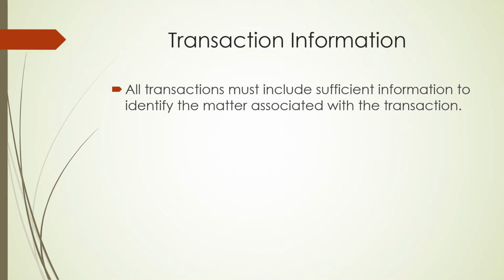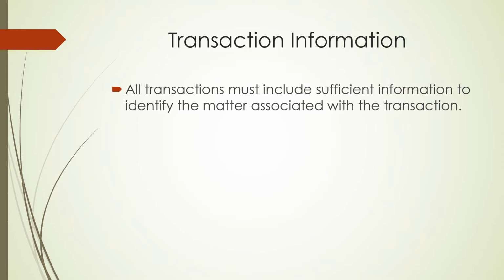All transactions must be documented in such a way as to allow someone to determine what happened. The attorney's records for every transaction must include enough information so that your future self, or an auditor from the Attorney Discipline Office, can determine what client or matter the transaction is associated with, the amount of the transaction, and the purpose of the transaction.